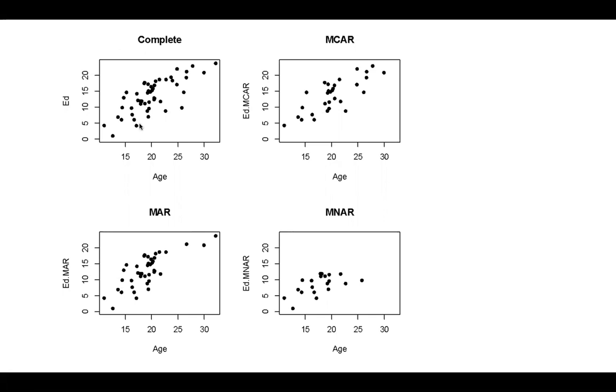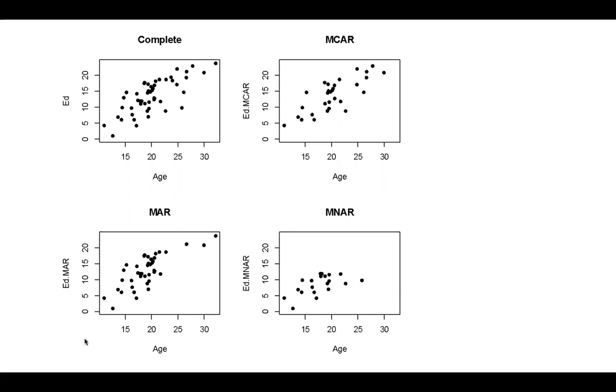Now I'm going to go back to complete data again and think about how to use a strategy that will get us to the graphic in the bottom right, missing not at random. This time I'm going to make a decision about whether values are going to be missing in a way that depends on the education variable only, right?